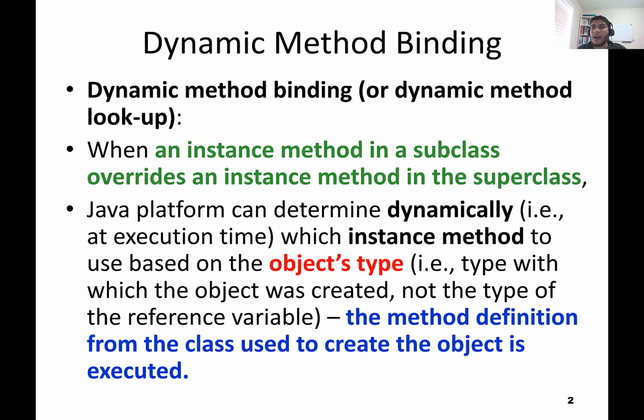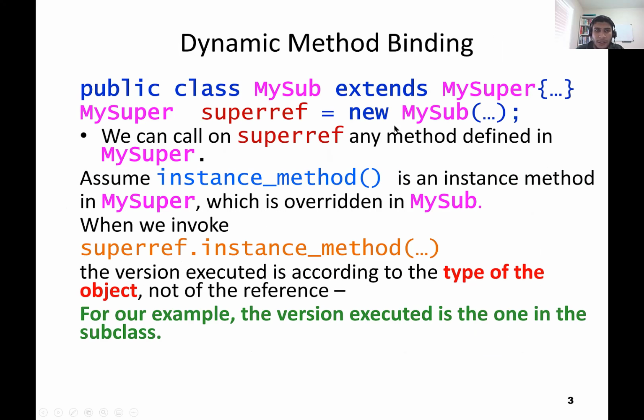It allows you to write code statically, but during runtime, you can choose which method to run based on certain metrics that you didn't know statically. So it allows dynamic running of the code. This is called dynamic method binding. You choose which method to run during runtime, not during static time, and this makes for very powerful coding.